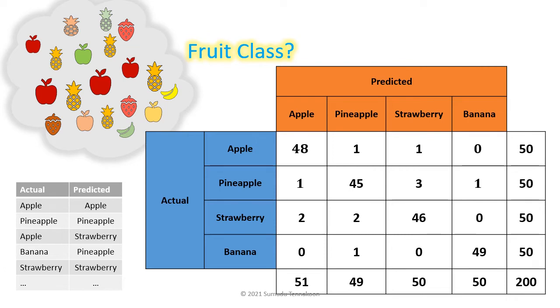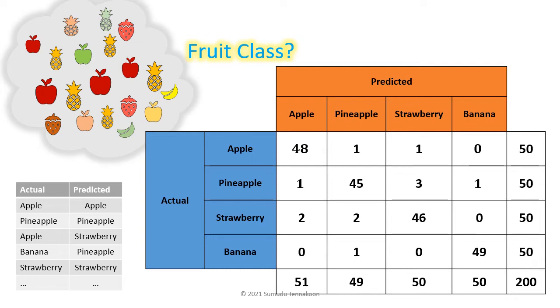All right. So if you see in this table, there's the result. Apple predicted as apple, pineapple predicted as pineapple. This is a wrong prediction: apple predicted as strawberry. Banana predicted as pineapple, wrong prediction, and strawberry predicted as strawberry, right? Let's explore one or two wrong predictions.